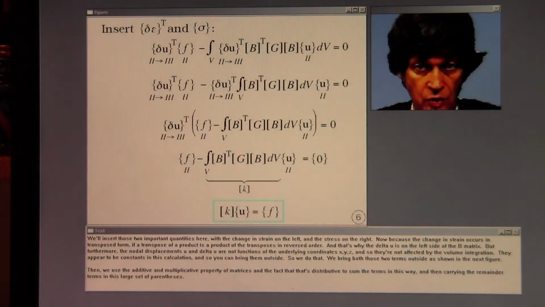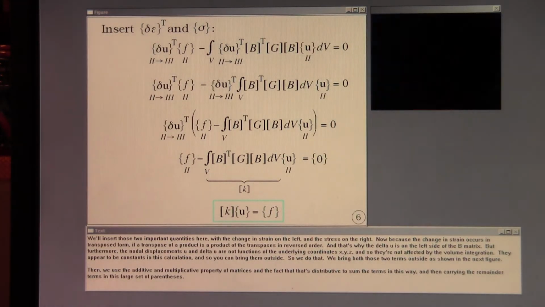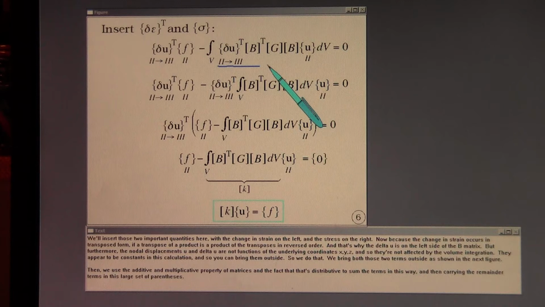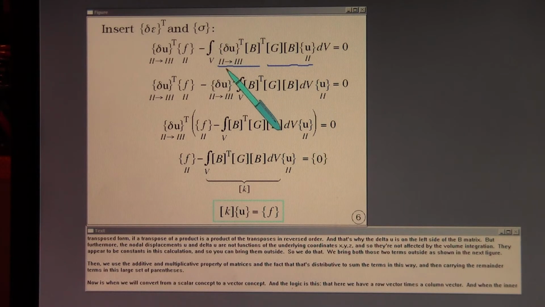We'll insert those two important quantities here with the change in strain on the left and the stress on the right. Now, because the change in strain occurs in transposed form, a transpose of a product is the product of the transposes in reversed order, and that's why the delta U is on the left side of the B matrix.